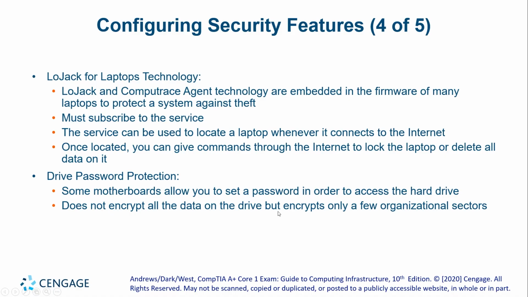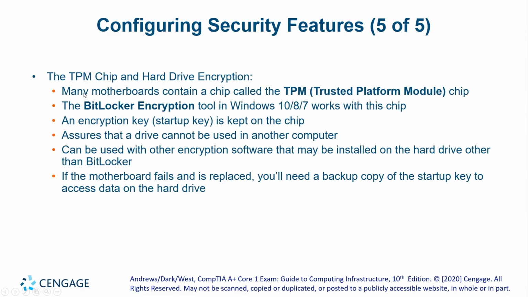It does not encrypt the data, but it does encrypt a few of the organizational sectors so that not all the data is available on the hard drive. Many motherboards contain a chip called a TPM, that's Trusted Platform Module chip. It's for BitLocker encryption. Windows 10, 8, 7, and also 11 work with this chip.